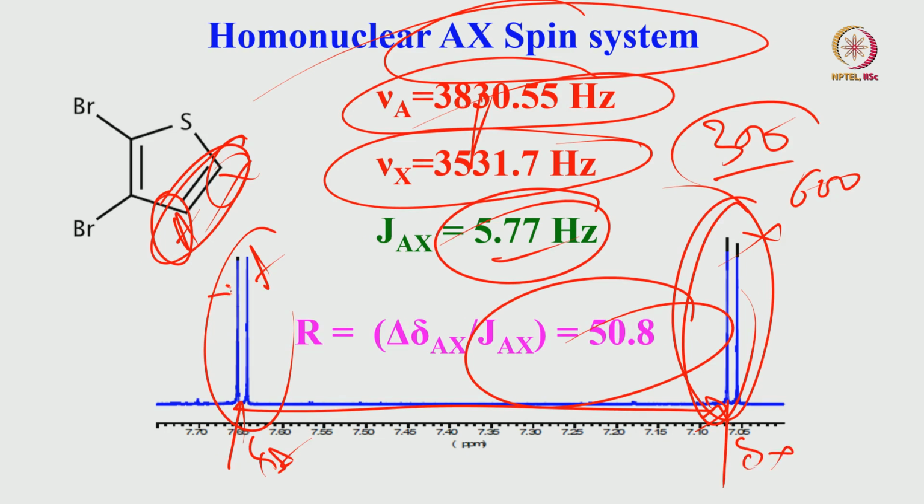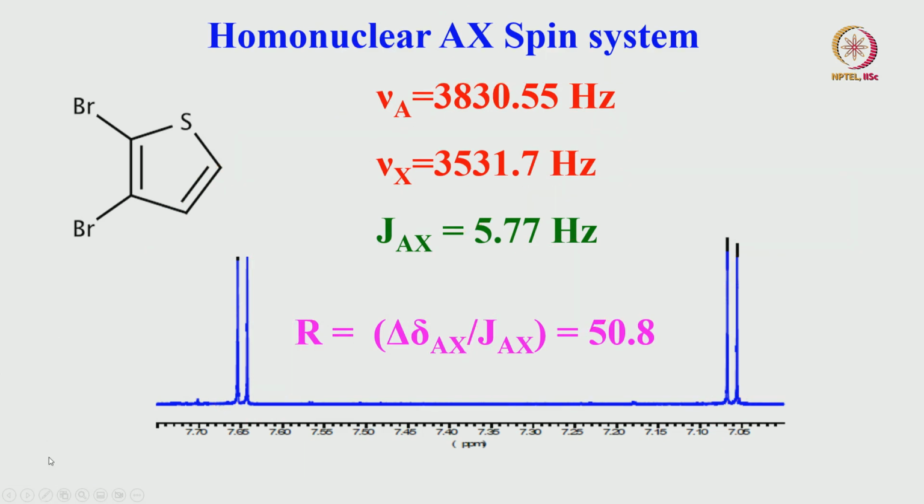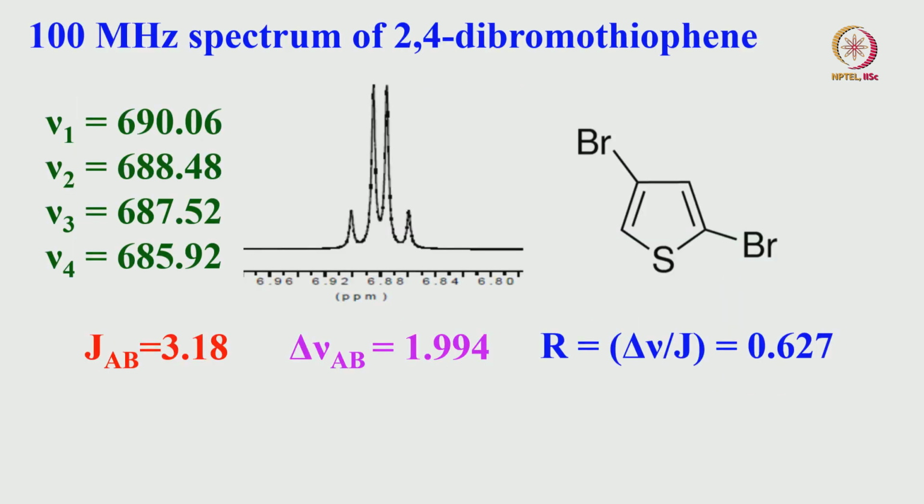I measure this separation, and I get exactly JAX, because interactions are mutual. It is a straightforward analysis, called first order analysis. So first order analysis is possible in the weakly coupled case. I can get the J coupling and chemical shift by just looking at the spectrum, and all the lines are of equal intensity.